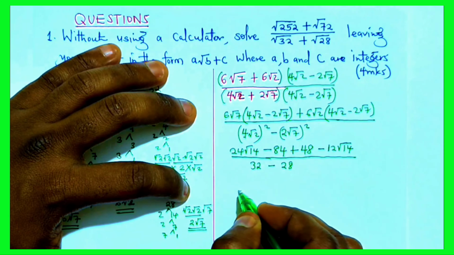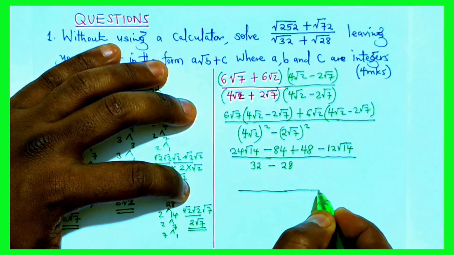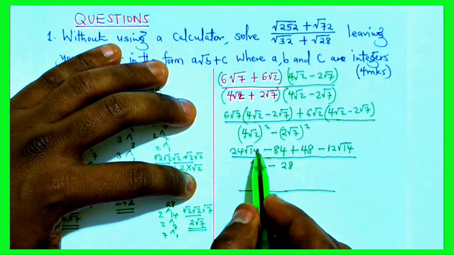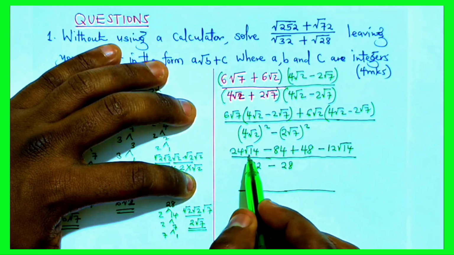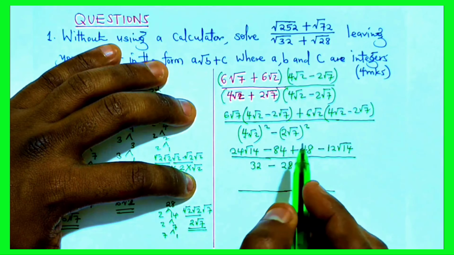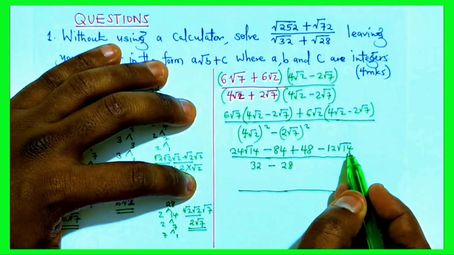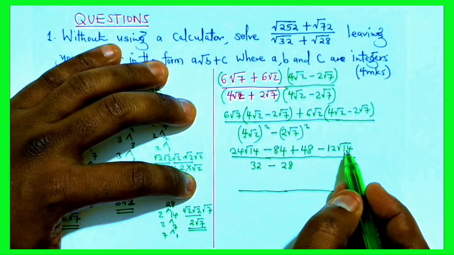And then the next step we are going to consider here is putting like terms together. We know that when you have 24 root 14 and 12 root 14 here, we can say that they are the same order, and therefore an operation can take place here.